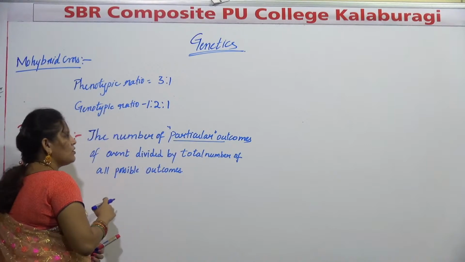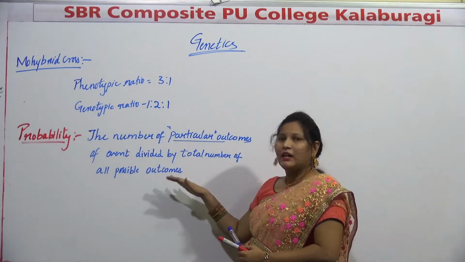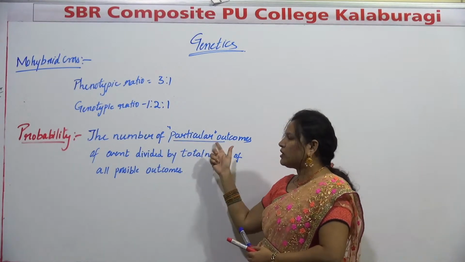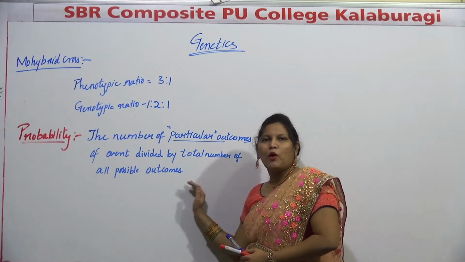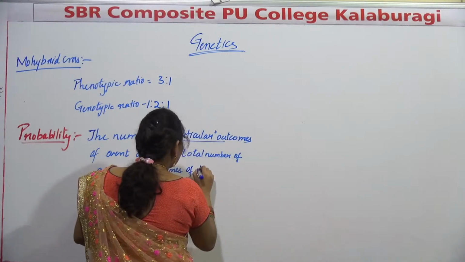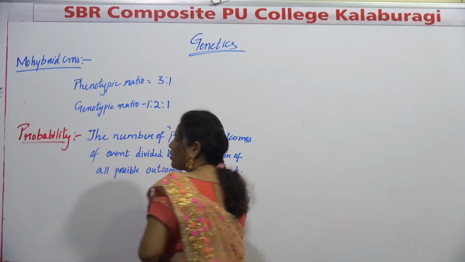So here we can define probability as the number of particular outcomes of an event divided by total number of possible outcomes of that event.